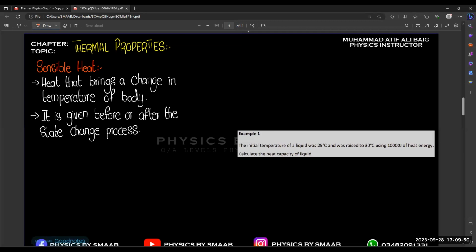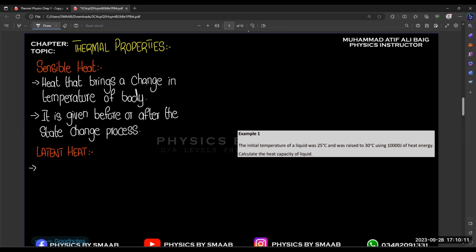And further, if we talk about some new concepts of heat, the second term is known as latent heat. The concept of latent heat is different from sensible heat.